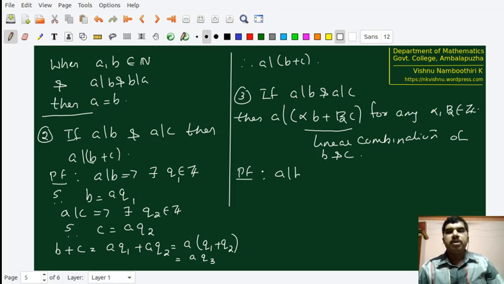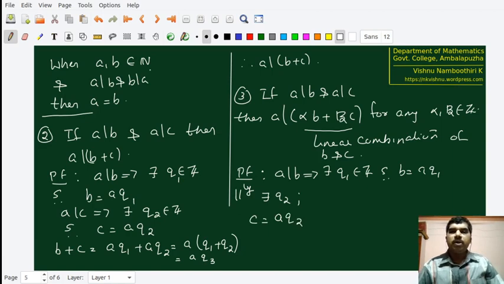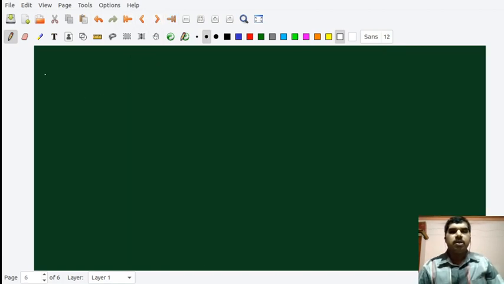A divides B implies there exists q1 in Z such that B is equal to A q1. Similarly, A divides C implies there exists q2 such that C is equal to A q2. Now, what is alpha B plus beta C?